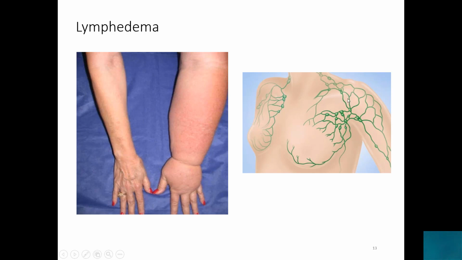Those lymphatic vessels are removed and lymph doesn't have anywhere to go. Interstitial fluid is collected in the tissues, causing swelling. That's called lymphedema. Later, the collateral lymphatic vessels will develop, and that condition will disappear, but it takes time.